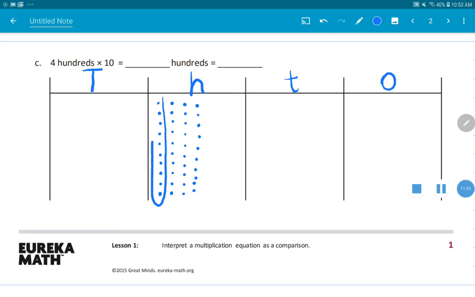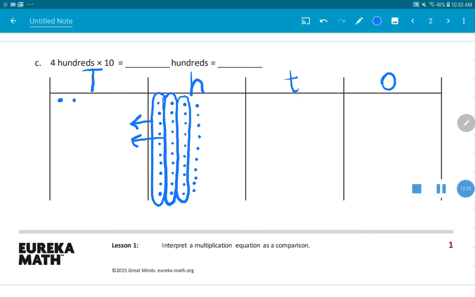Perfect. I'm going to take 10 hundreds and I'm going to bundle them and move it to the thousands place. Why do I bundle 10 hundreds together to make 1,000? Because 10 tens equals 100 and 10 hundreds equals 1,000.